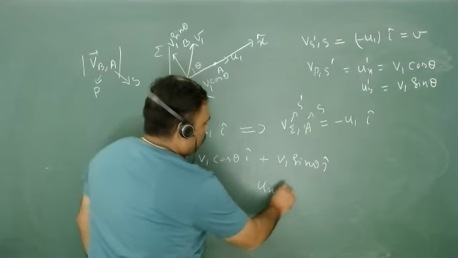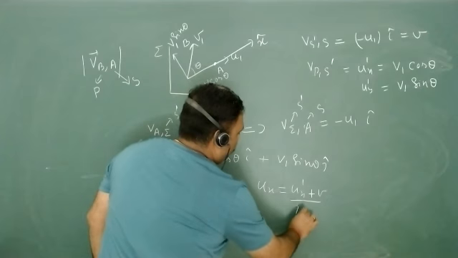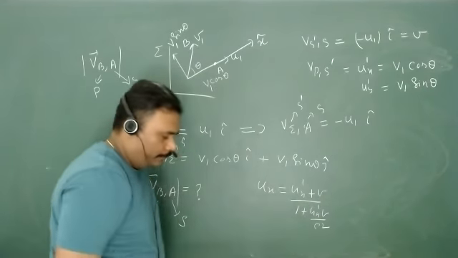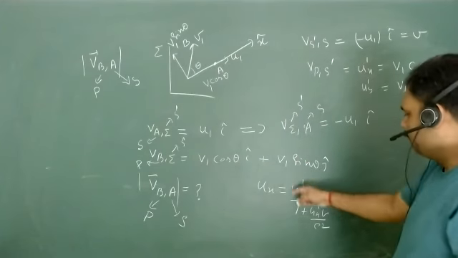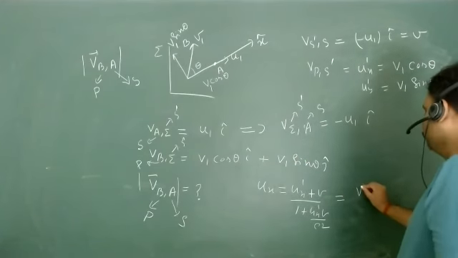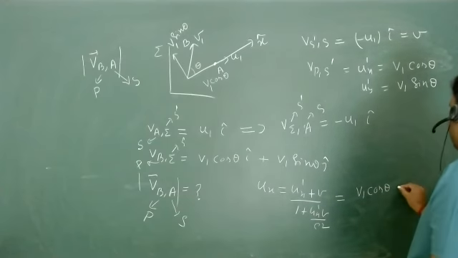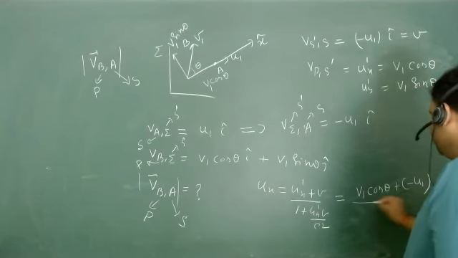So Ux is equal to (Ux dash plus V) upon (1 plus Ux dash V upon C square). Okay. And now we can write Ux dash is nothing but V1 cos theta. V is nothing but minus U1. Okay. This is minus U1.